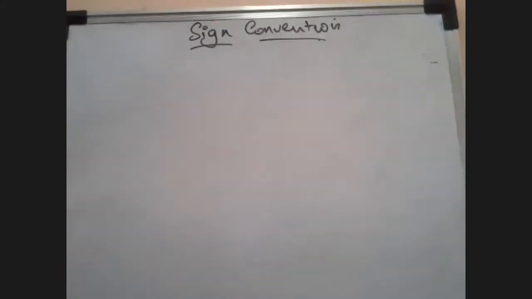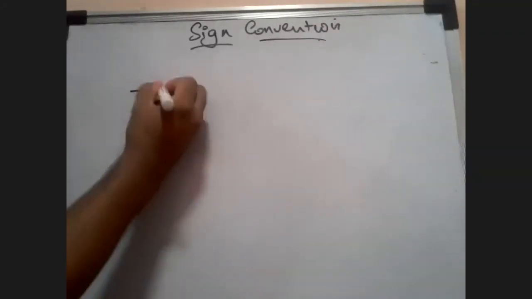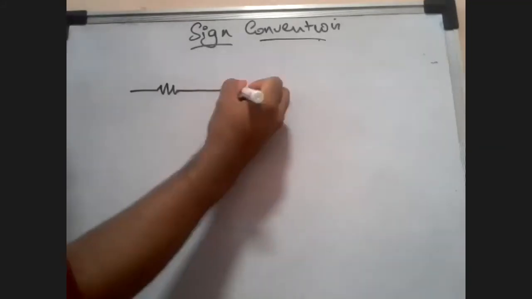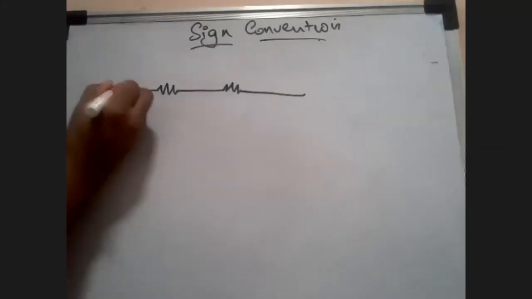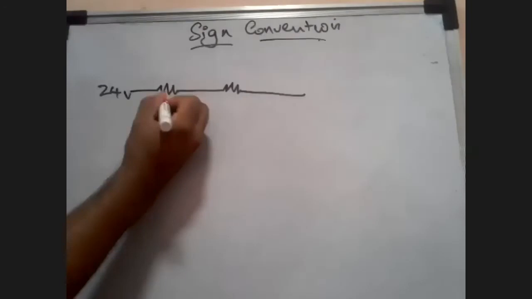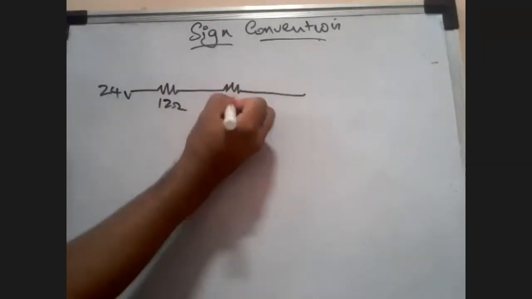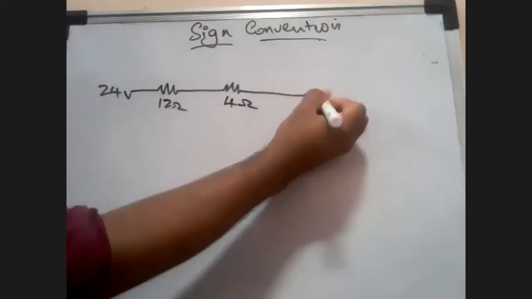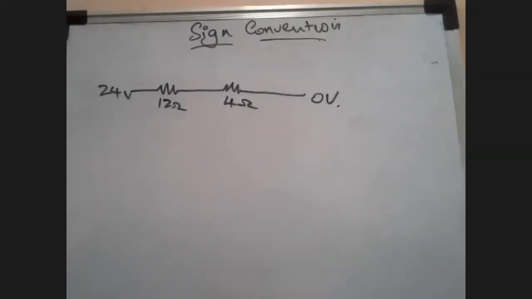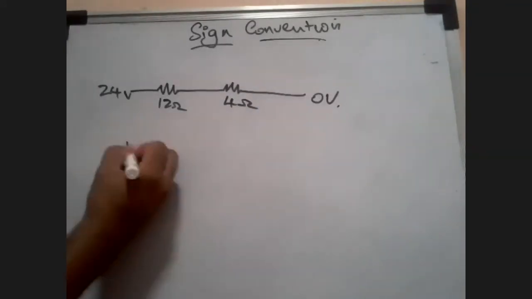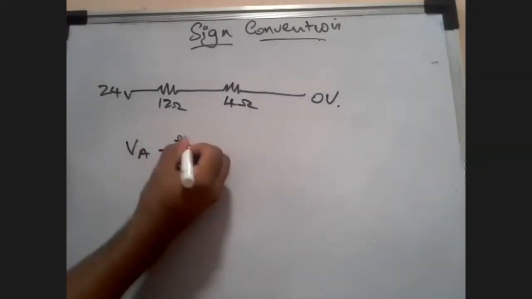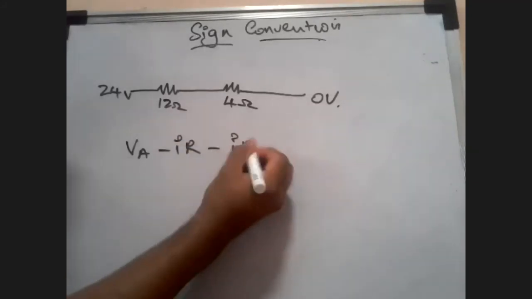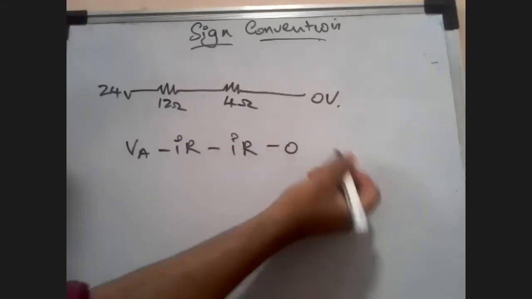Let's go to another sum. Same thing like this. It's going to be 24 volts. This is going to be 12 ohms. This is going to be 4 ohms. And this is going to be 0 volts. Tell me what is going to be the equation. VA minus I times R, again minus I times R, minus 0, that is VB, equal to 0.